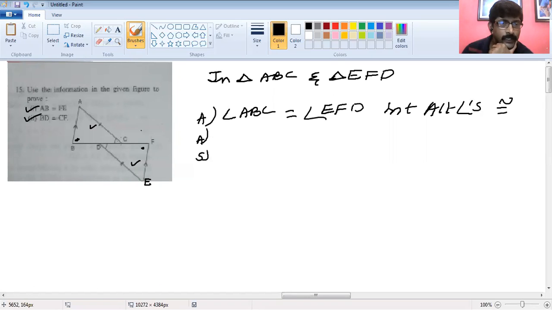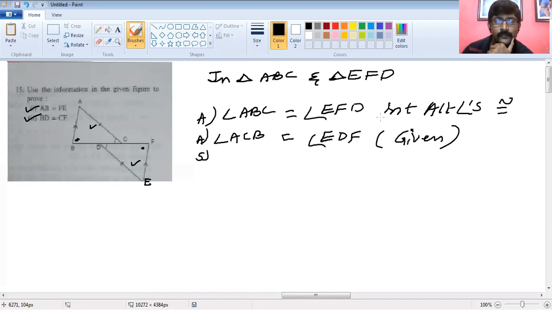Second one क्या बोलेंगे? Angle C is equal to angle D. So angle ACB is equals to angle EDF. Why? Because it's given. They are given.